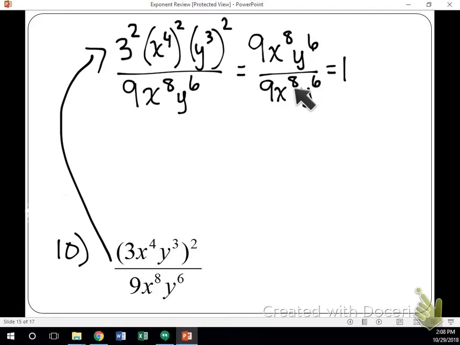Subtracting them. 8 minus 8 gives me x to the 0. Y to the 6th over y to the 6th, we do the same thing. We subtract those exponents. We get y to the 0. This step, you don't really have to write out if you can see that they're going to cancel. Everything's just going to 1. That is our final answer, just the number 1.